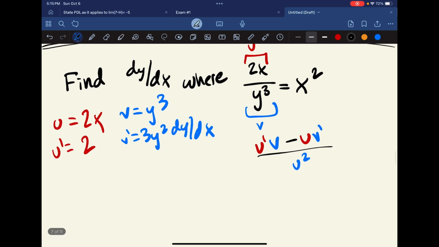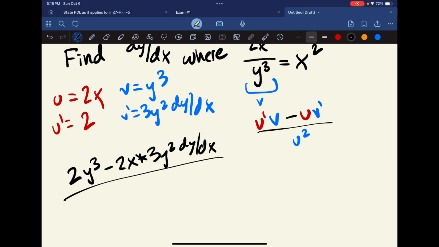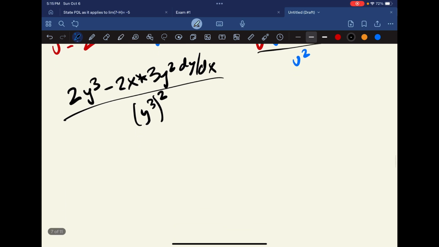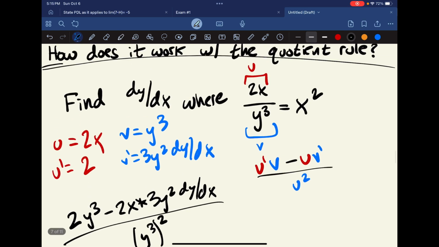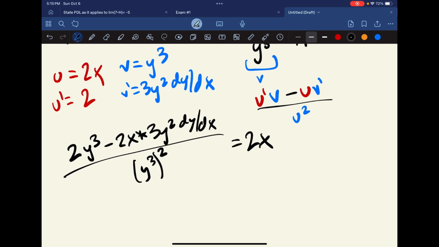So that will just be 2 times y cubed minus 2x times 3y squared times dy dx. And this will all be divided by y cubed, and that will be squared. And then this all equals the derivative of x squared, which is just 2x.